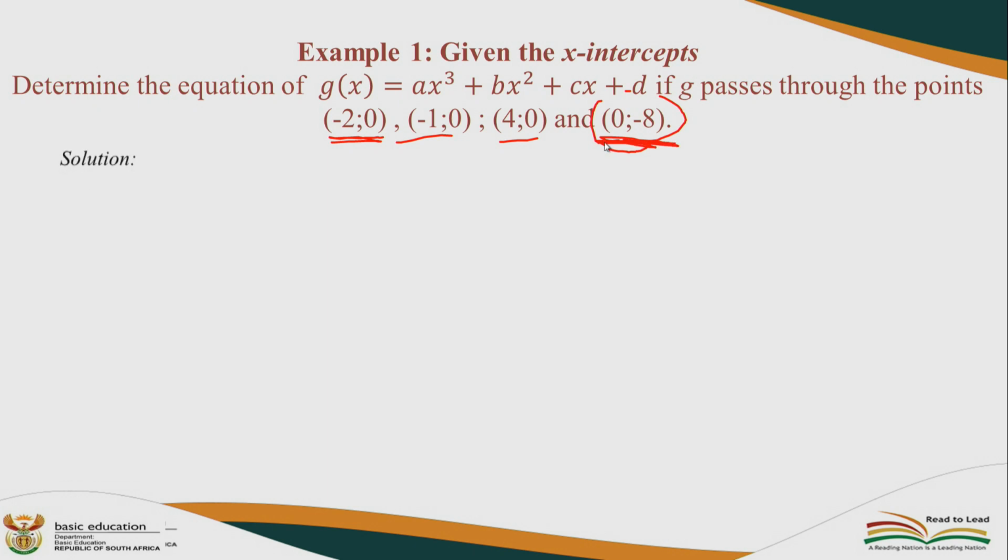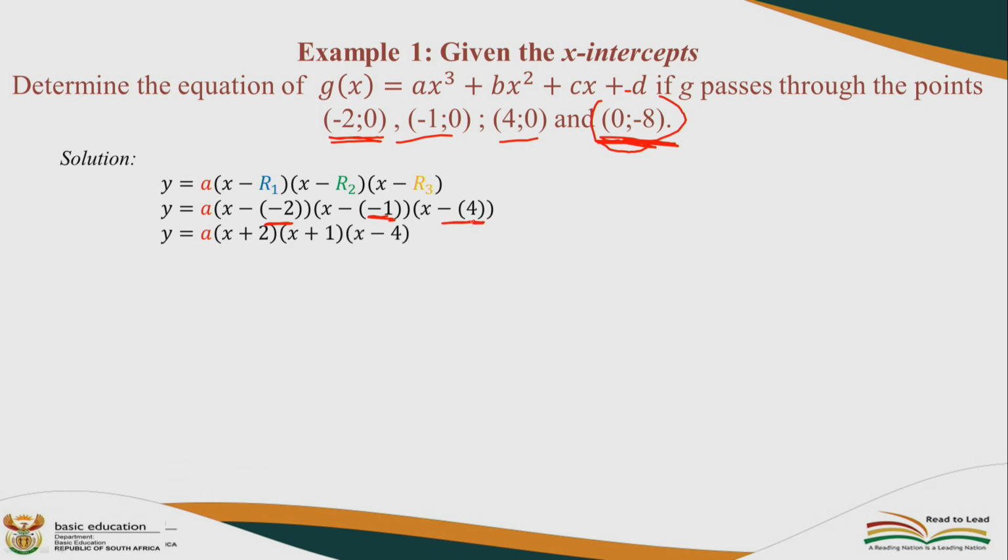Okay, how do we solve this? We do have this form. In the place of root 1, we put -2. In the place of root 2, we put -1, as you see there. If you remove the bracket a little bit, we get those three factors.